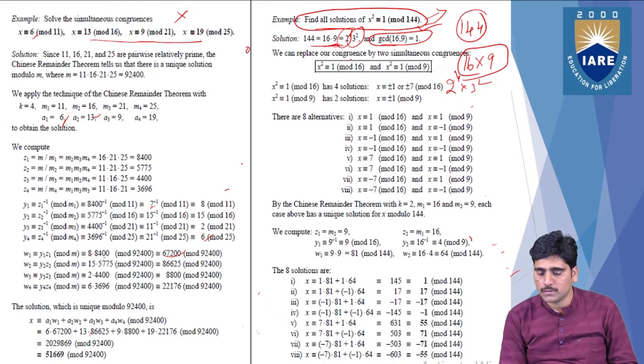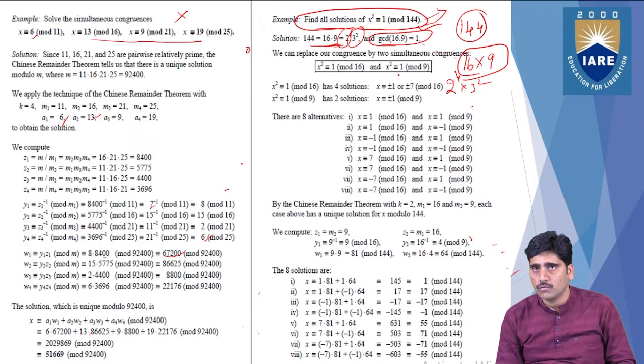So now we can replace our congruence by two simultaneous congruences: x square equals 1 mod 16 and x square equals 1 mod 9. This is the way you can write it to obtain the simple solution.